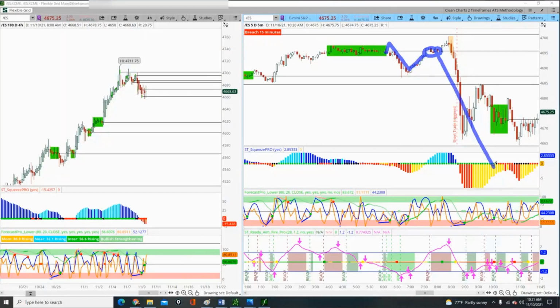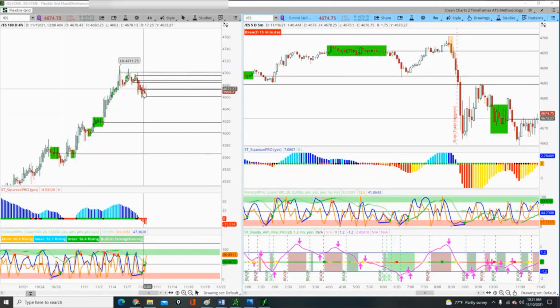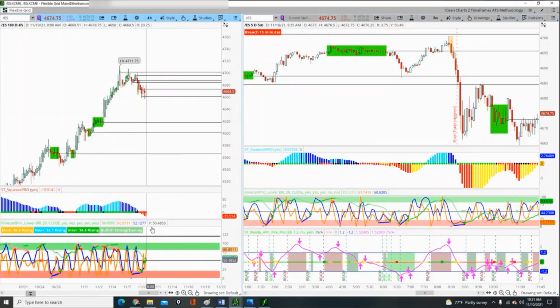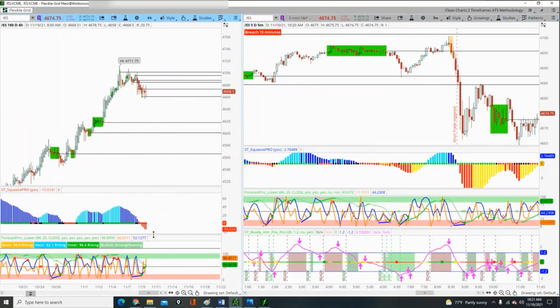Now, if you notice on the 4 hour, it's about to get tricky because we're finally starting to consolidate. You can see it's starting to go sideways. Okay, you've got this forecast pro line flattening out. So if you had to put a gun to my head and say, what's going on?